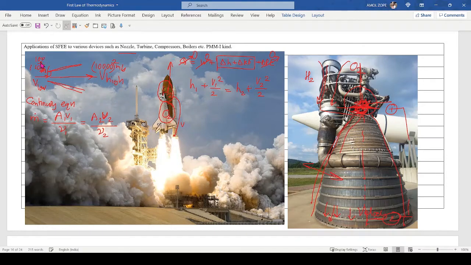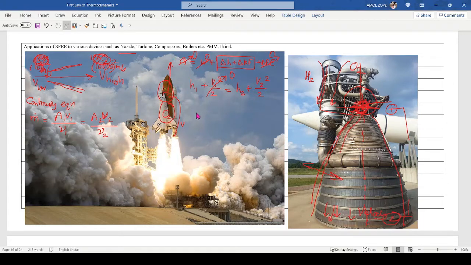So how much is it? Just 100 by 2. And how much is this? Say 1, 2, 3, 4, so 10 to the power 8 divided by 2. Now compare this figure with the outlet velocity. So I can assume that the velocity at the entry I can neglect. It is not 0 in a real situation, but comparing with the other quantities, I can neglect it.